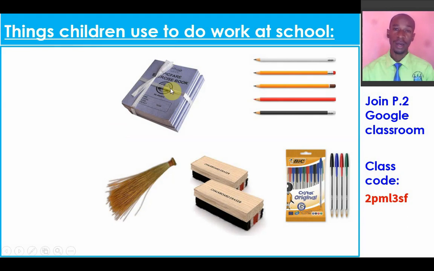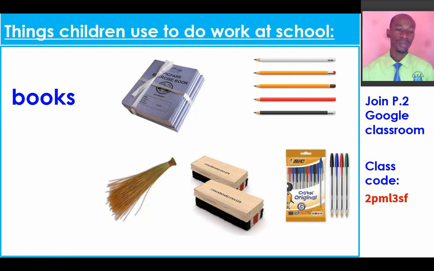As we move on, here we need to look at things children use to do work at school. So for you as a child to do work at school, what do you need? Number one, you need books, you need pencils, you need pens, you need a broom if you are going to sweep. We need the chalkboard duster. So let us write these words here.